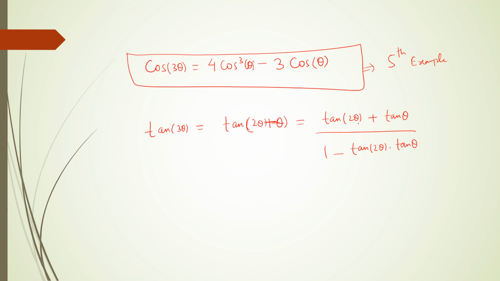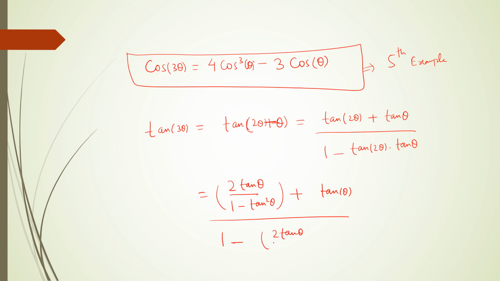Again further we will just break this tan 2 theta as 2 tan theta upon 1 minus tan square theta plus tan theta, whole upon 1 minus 2 tan theta upon 1 minus tan square theta into tan theta.